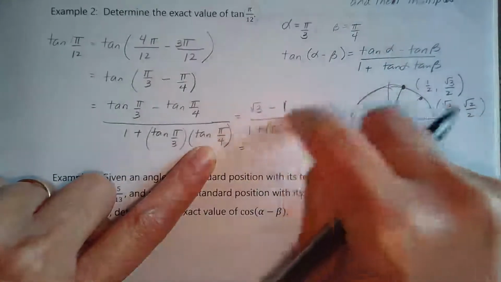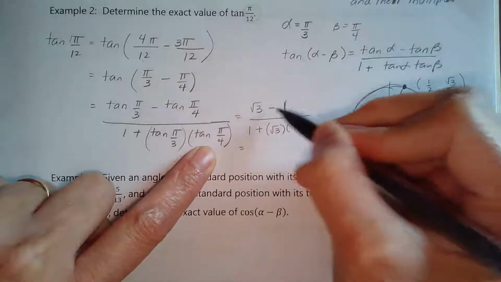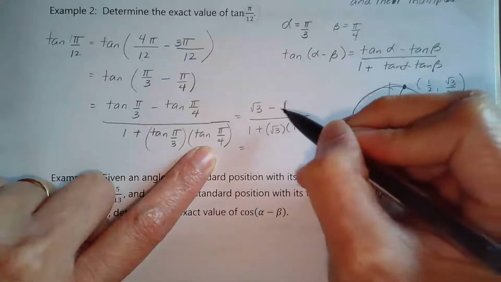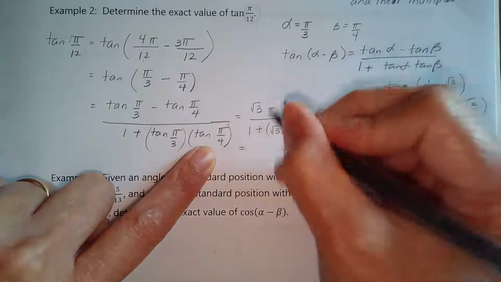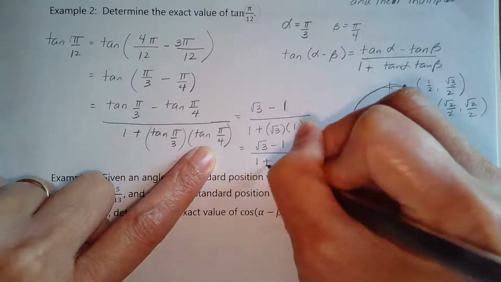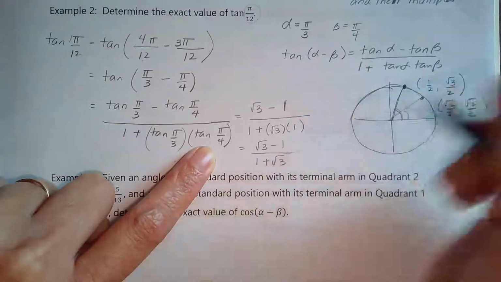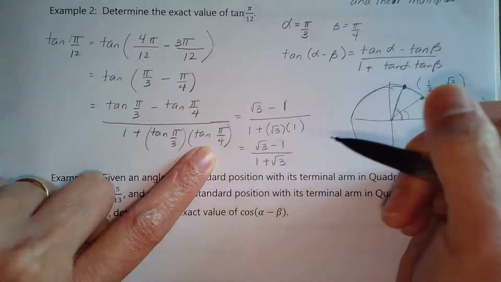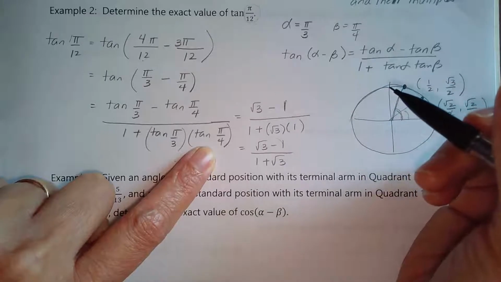We can't subtract these two, they're not like radicals. So we can say root 3 minus 1 over 1 plus root 3, and that would be the exact value.